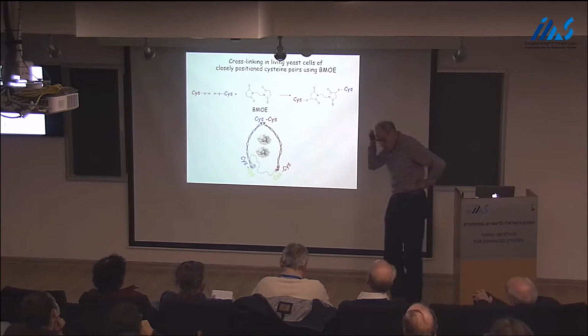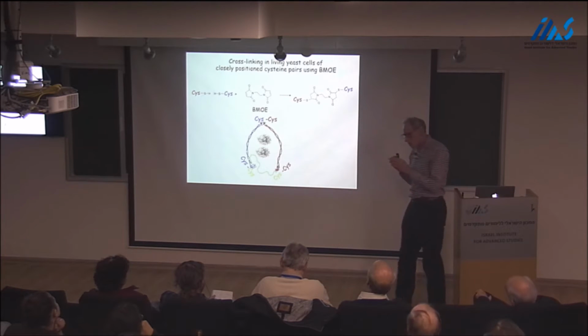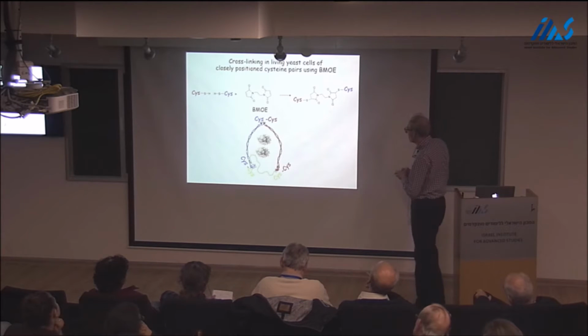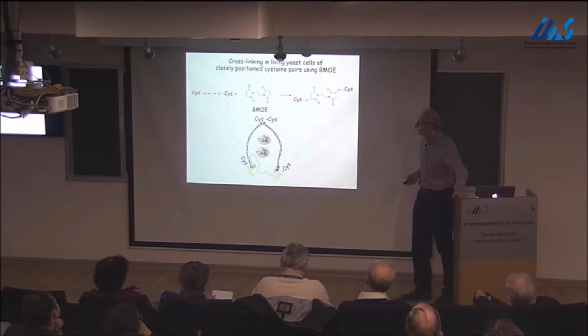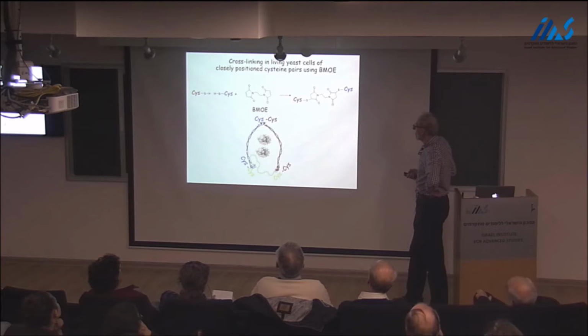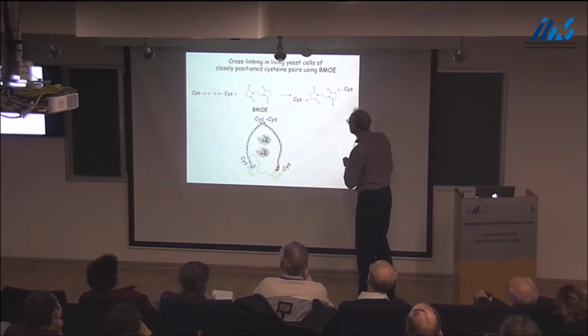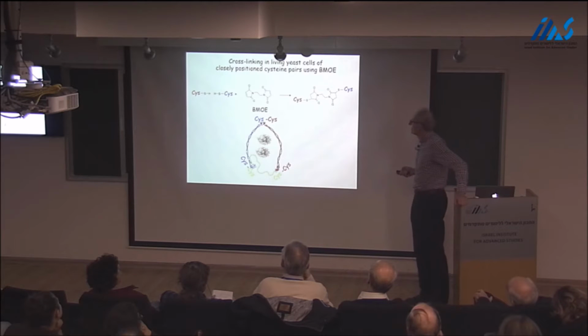Now, having got the structures of the various interfaces, there are these three interfaces that make up the tripartite ring, this one, and this one. And with those crystal structures that Jan Löwe had solved, with a little bit of help from us, we were able to devise cysteine pairs at the interfaces, which we could then cross-link together with bifunctional thiol-specific cross-linkers.